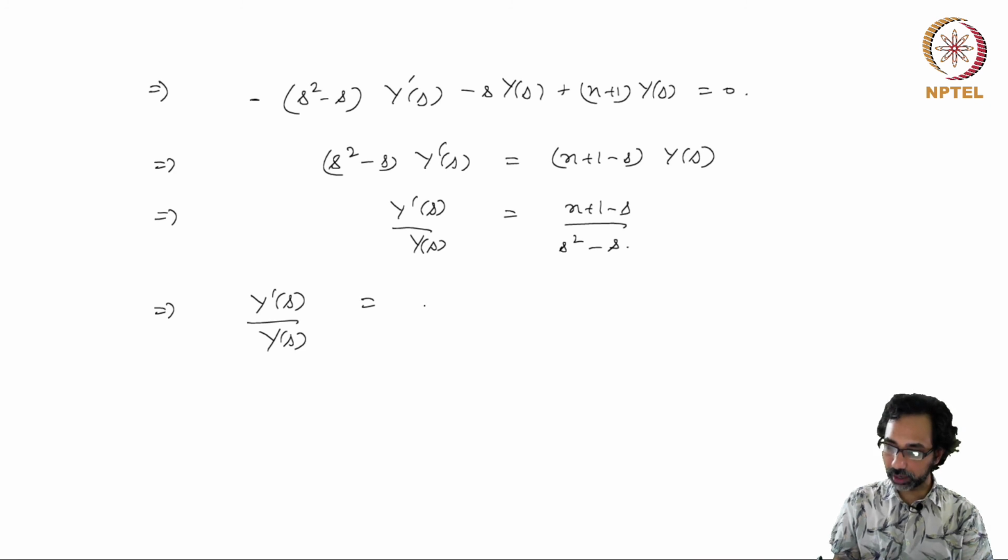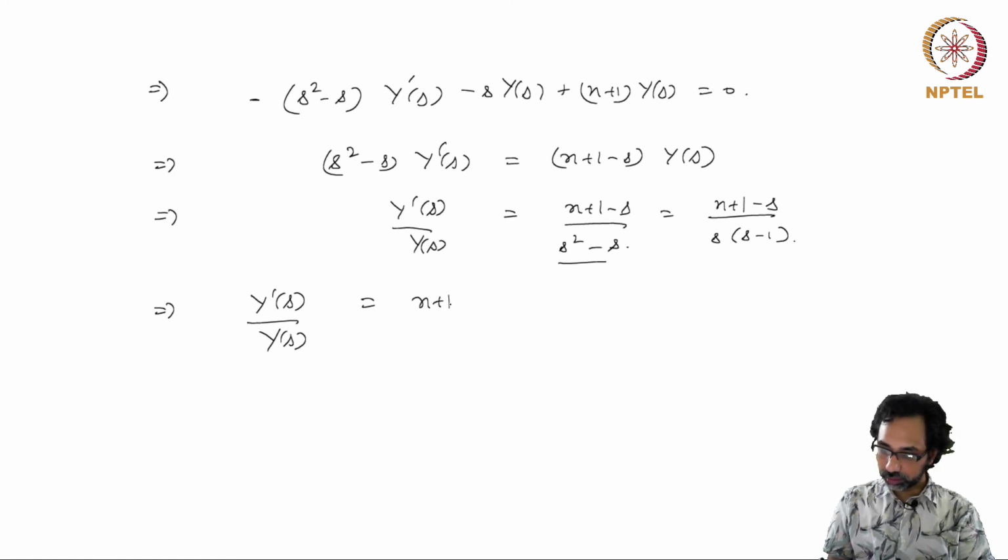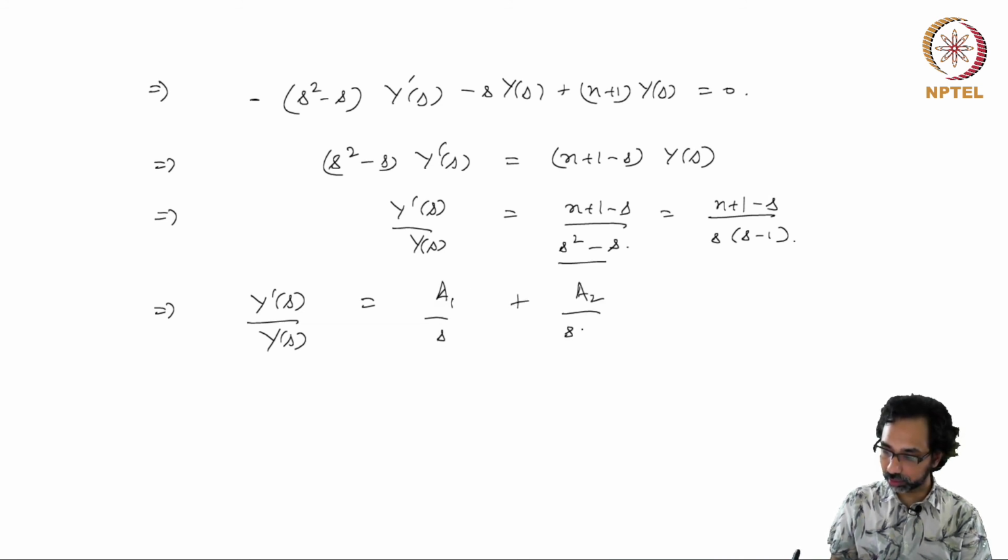So we will expand it in partial fractions. Note that this is (n plus 1 minus s) over s times (s minus 1). So you can write this as a partial fraction, a1 over s plus a2 over s minus 1. So one can easily find that a1 plus a2 equals minus 1 and minus a1 equals n plus 1.